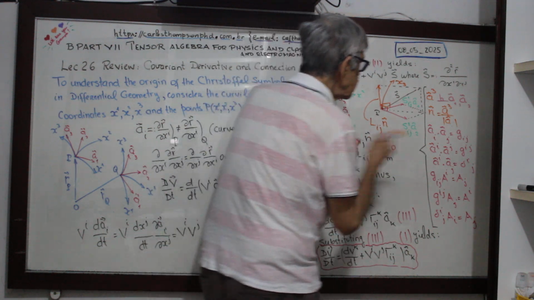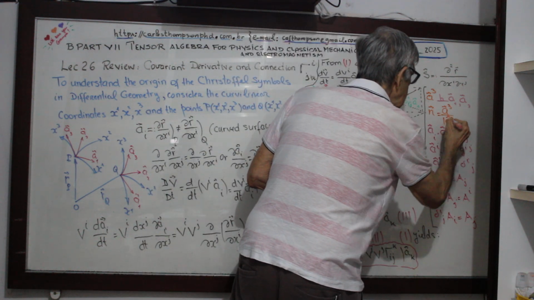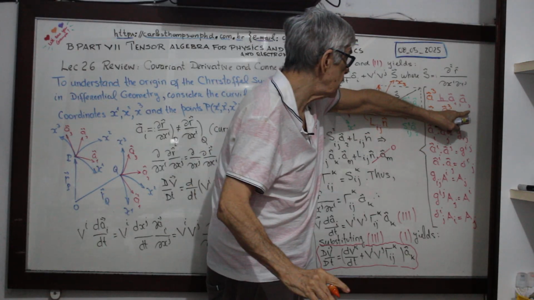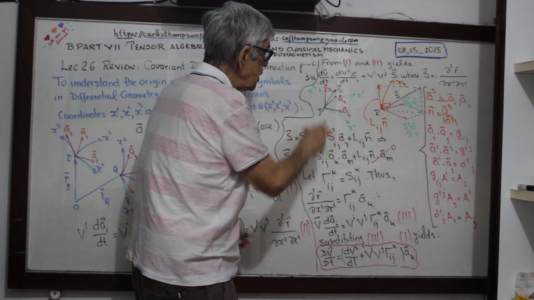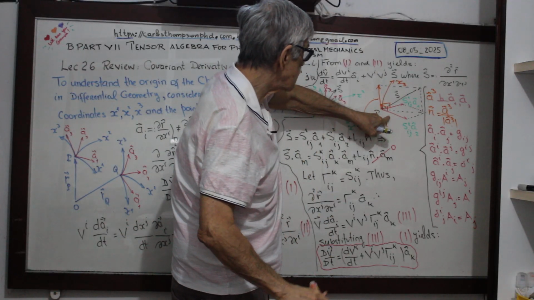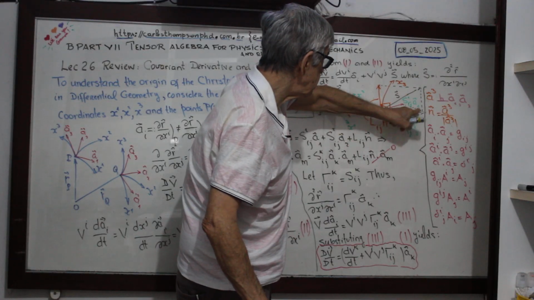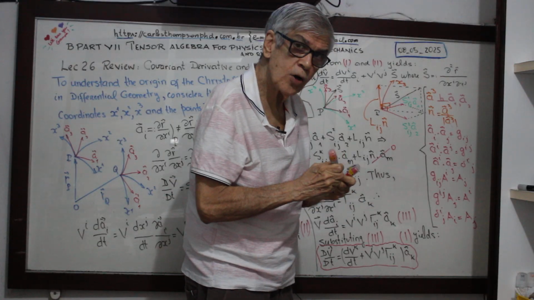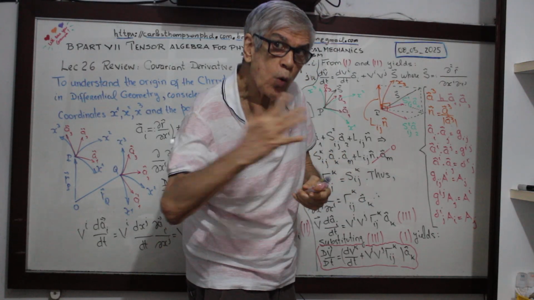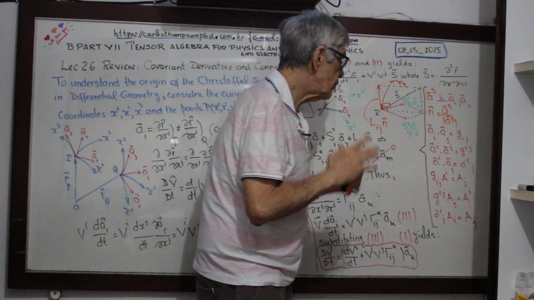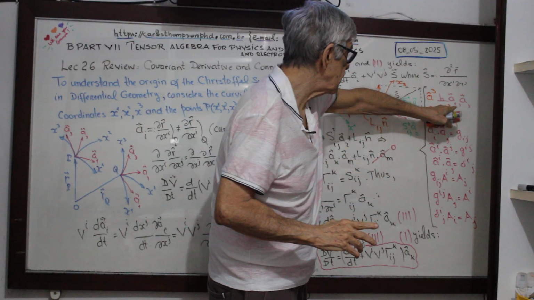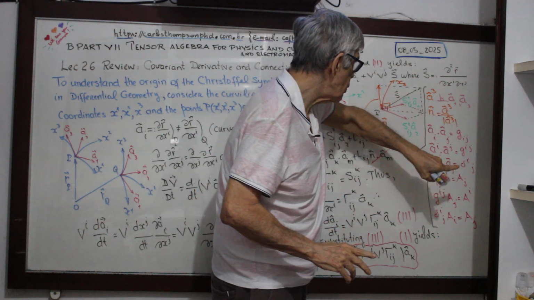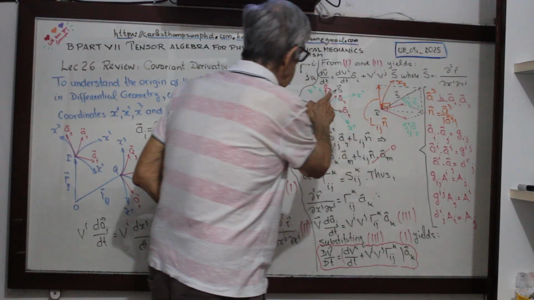This A3 over here is different from this A3 over here, because these are perpendicular to A2 and A1, because A^3 belongs to the dual basis. Now attention, this is an upper 3 here, and this is a lower 3 here.